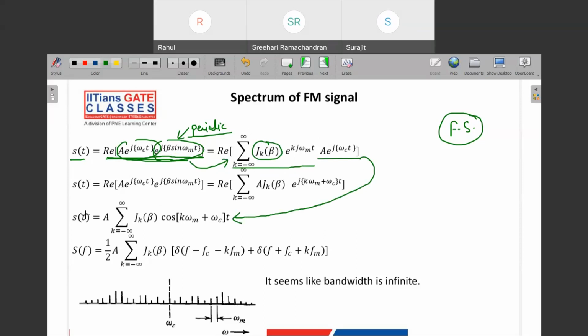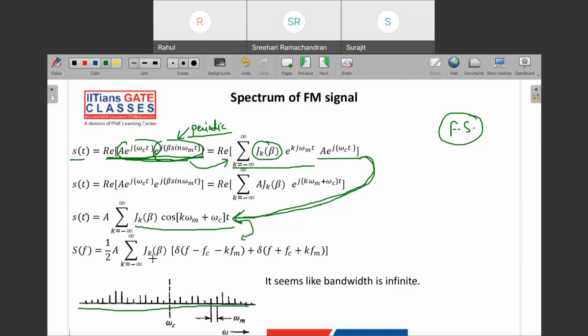Actually, this is the time domain signal itself, the complex representation. Once you go to the real representation, you just take the real part and it comes out to be cos. When you take the Fourier transform, you get impulses, an infinite number of them, ranging from k equal to minus infinity to infinity. When you plot it, this is how it looks.